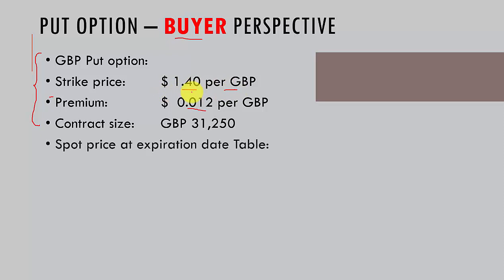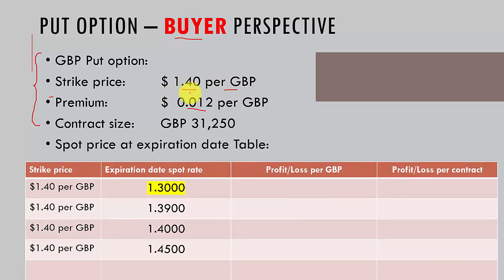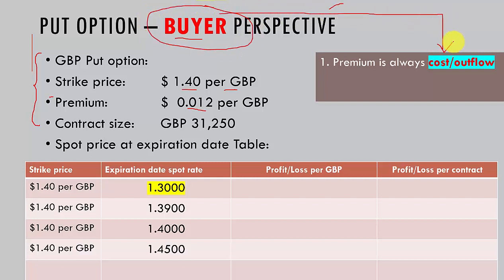Okay, and similar to the call option contract, we will analyze the profit or loss under different scenarios. Before doing the math, I have to remind you that, first of all, for the buyer, the premium is always a cash outflow or cost.